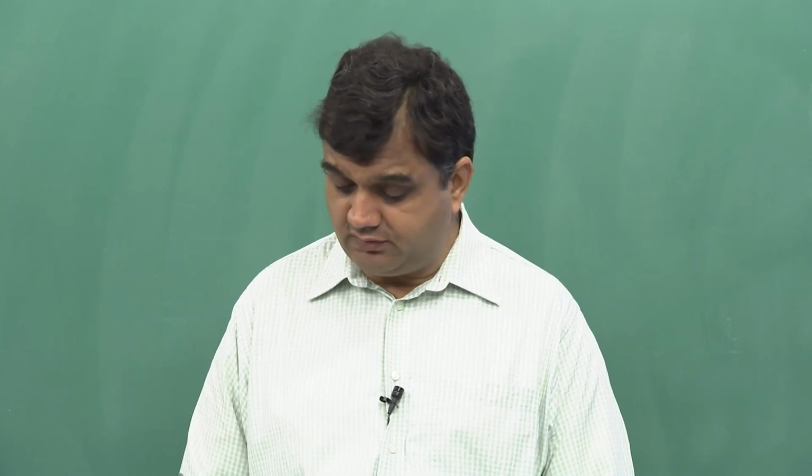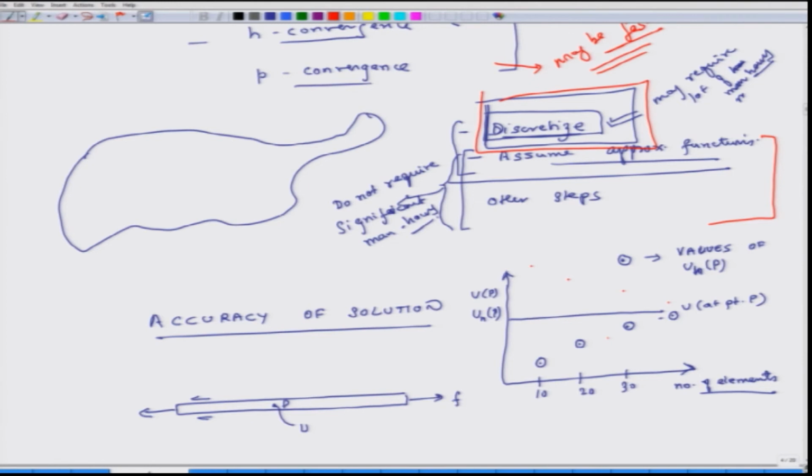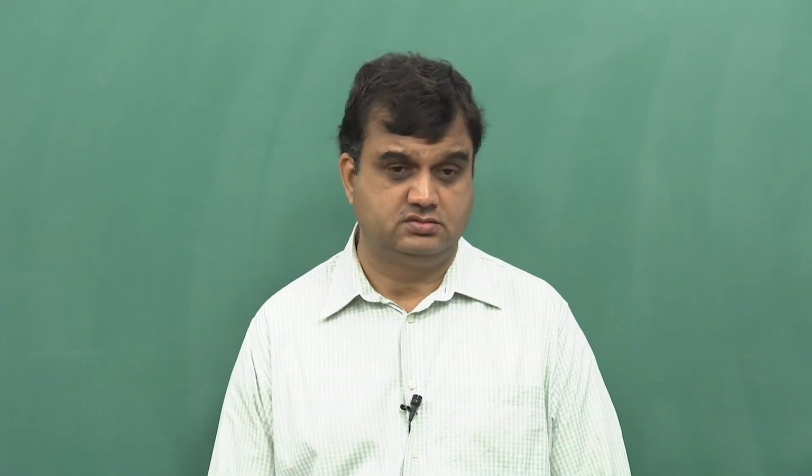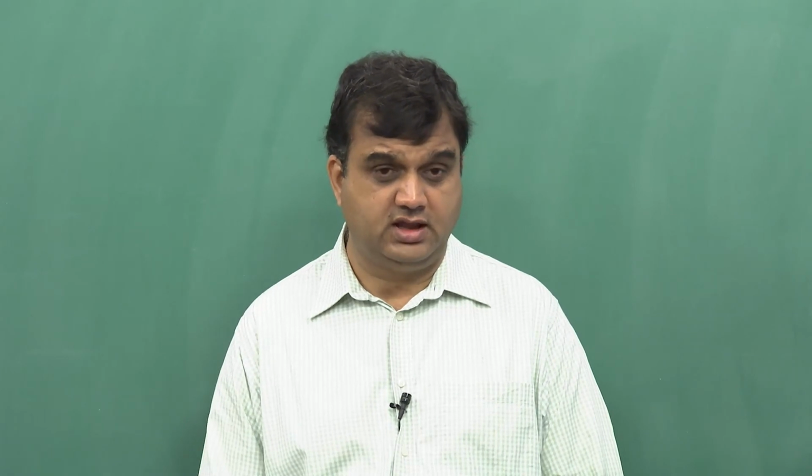Essentially what we are saying here is that the FEA solution under predicts displacement. In a lot of cases, when you are trying to predict displacement, the theoretical value will be more than the FEA value.